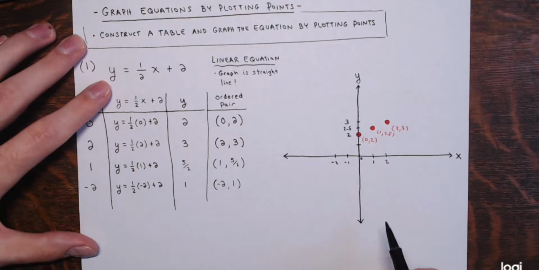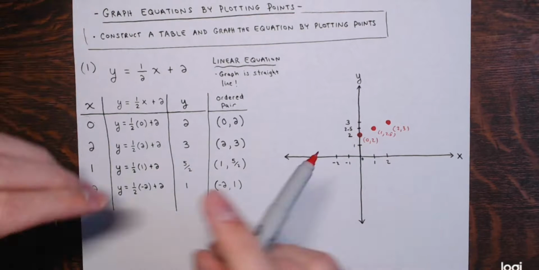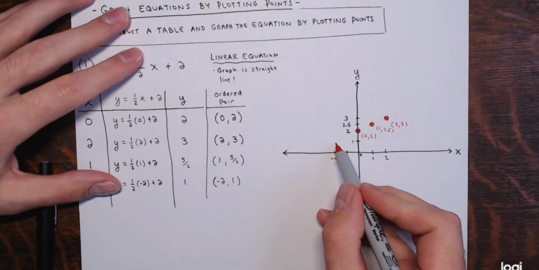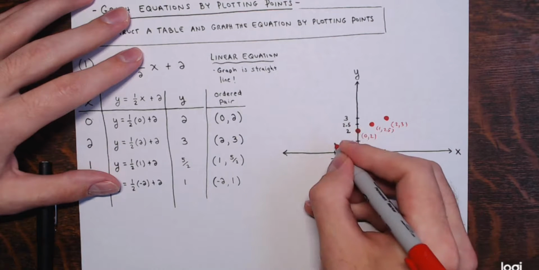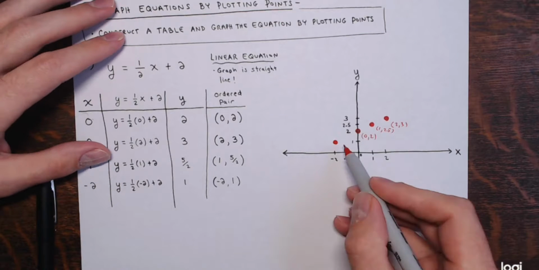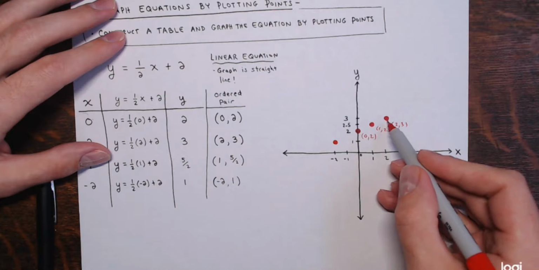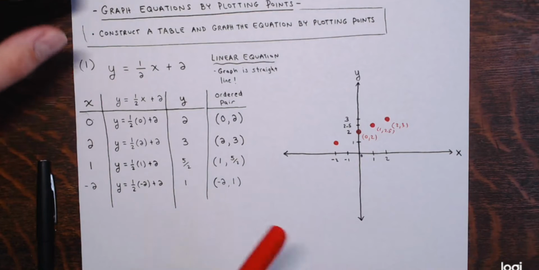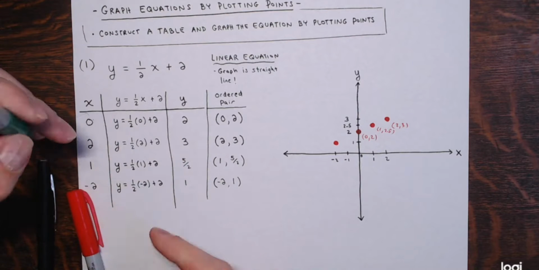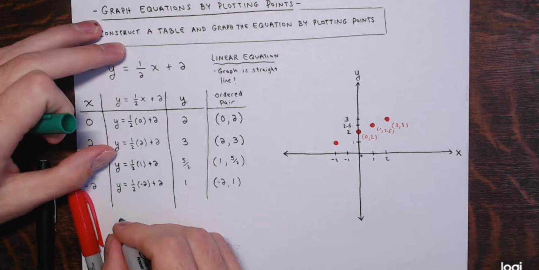Again, if you have graph paper, it'll probably look a little better. But I go to -2 on the x-axis, +1 on the y-axis, and that's this point here. And again, we're seeing this nice pattern. All these points seem to fall on a nice straight line, which once you have enough, you fill in the rest of the pattern.